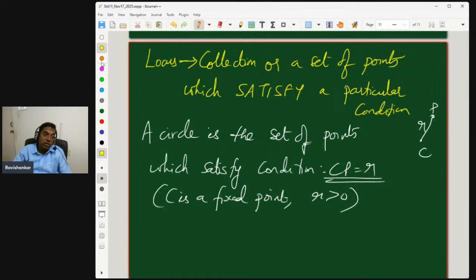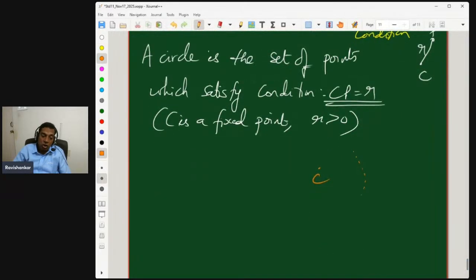That means if you put C, then you will get different points which all satisfy this condition. So I can call them P1, P2, P3, P4.